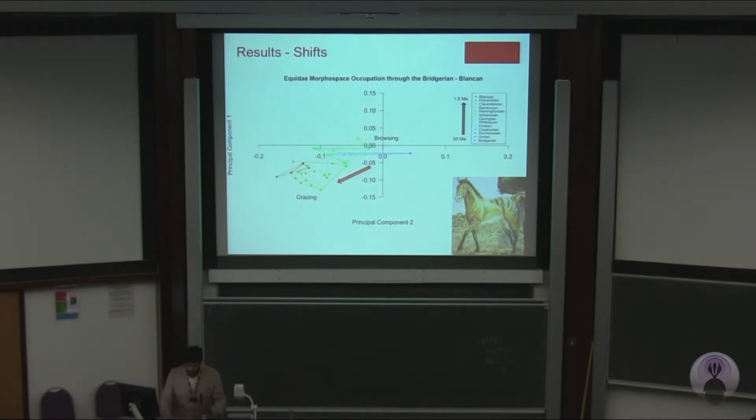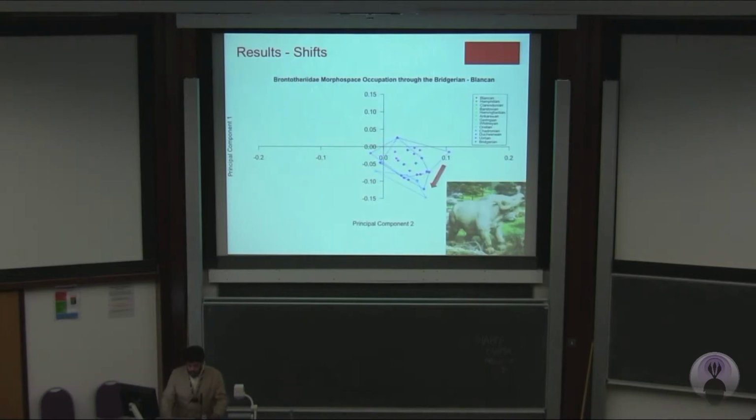If we compare that to our next big group of perissodactyls, the brontotheres, they are also showing a shift downwards and slightly to the left. Not as far as the horses, but still quite significant, considering these guys are thought of as mainly typical browsers. Indeed, they start to show a shift towards the end of their time range towards becoming more mixed feeders, and that's what we're thinking there.